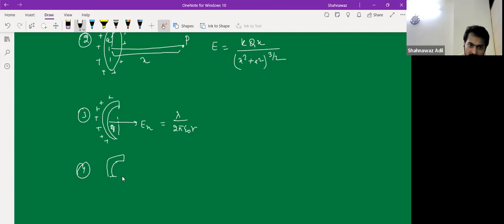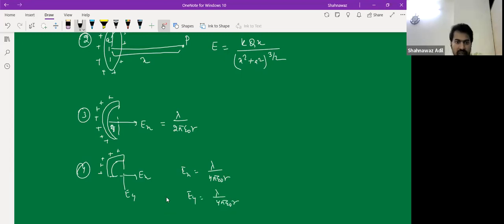It will have two components, Ex and Ey, similar to the line charge. Ex would be lambda by 4 pi epsilon r, and Ey will be lambda by 4 pi epsilon r.